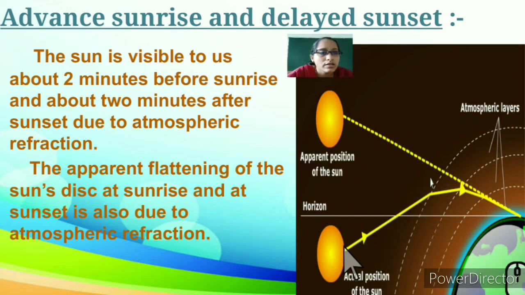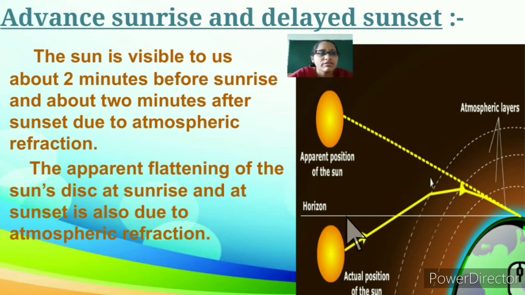The layers get refracted, different layers, when it passes through, the light from the sun gets bent, and there is an apparent position of the sun that is created just opposite to the horizon. It's a higher level of the horizon. Thus there is a refraction that takes place. The apparent flattening of the sun's disk at sunrise and at sunset is due to atmospheric refraction.